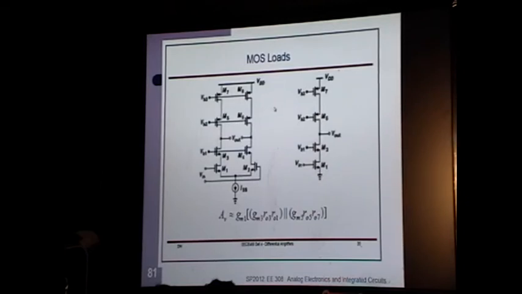So there's cascoding. You can use cascoding in a non-differential circuit, with a single-ended input and single-ended output, or you can use it in a differential amplifier.